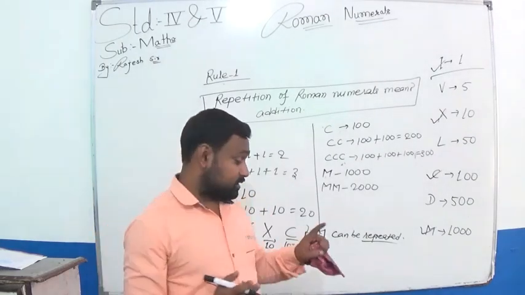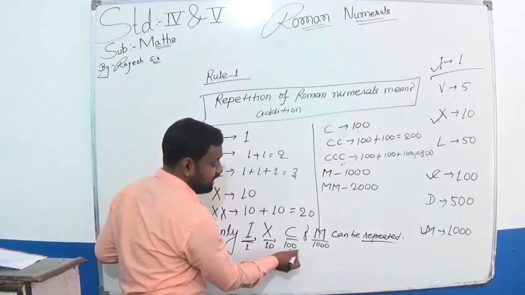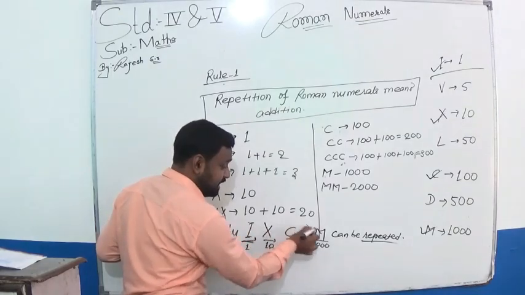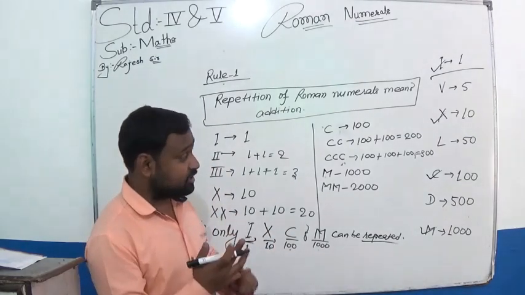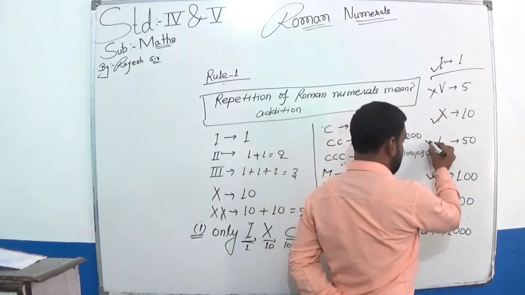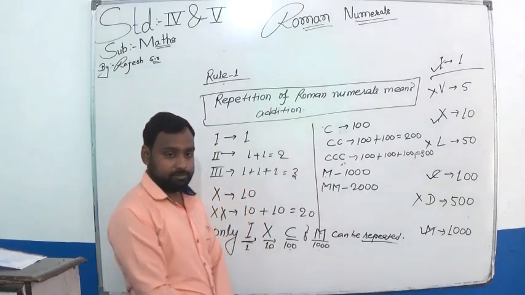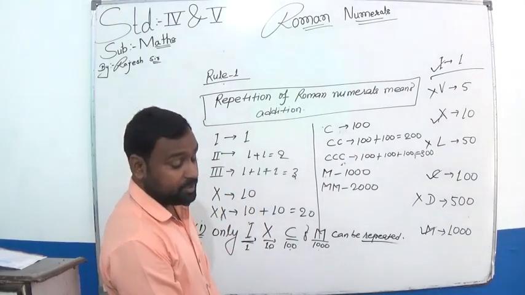Those Roman symbols which contain 5 can't be repeated. That's why 1, 10, 100 and 1000, I, X, C and M can be repeated, and the rest 3, that is V, L and D, can't be repeated.